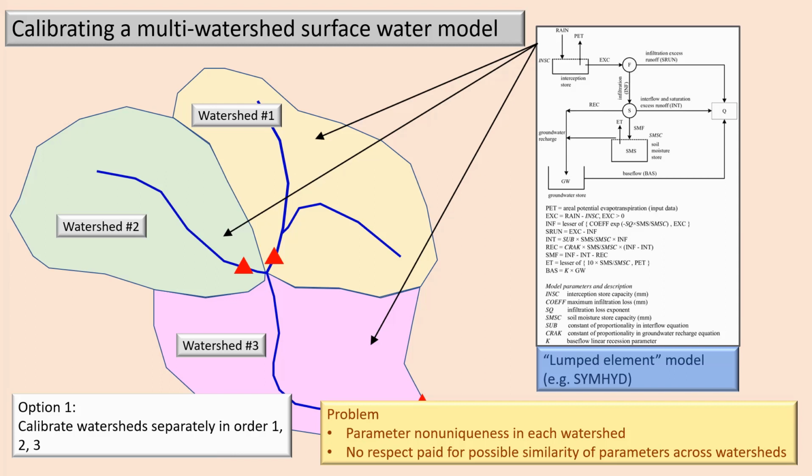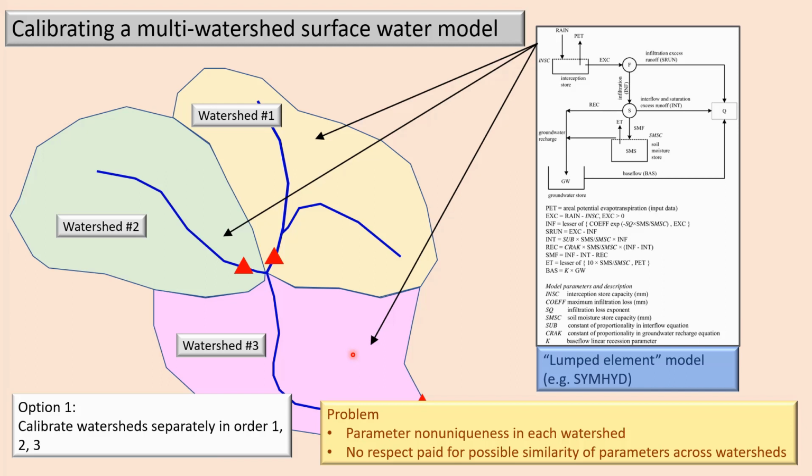There will be non-uniqueness in estimation of parameters in each watershed, hence uncertainty in parameters and predictions. Perhaps that uncertainty could be reduced if note was taken of ordering relationships which probably exist between the parameters in different watersheds by virtue of the geology, the land use, the rainfall which they receive.